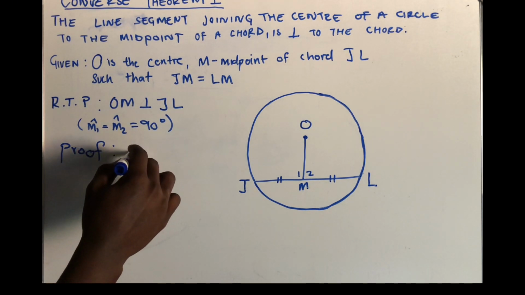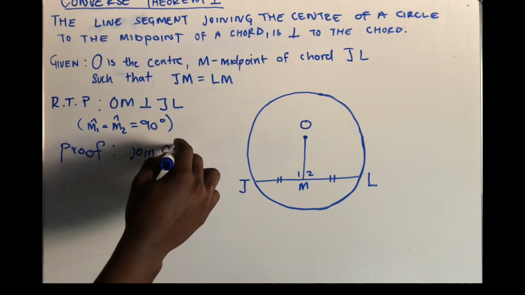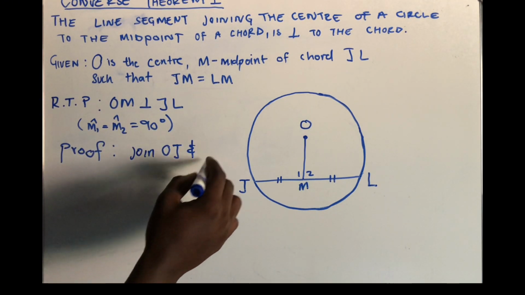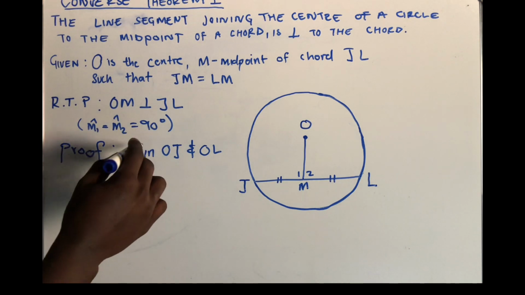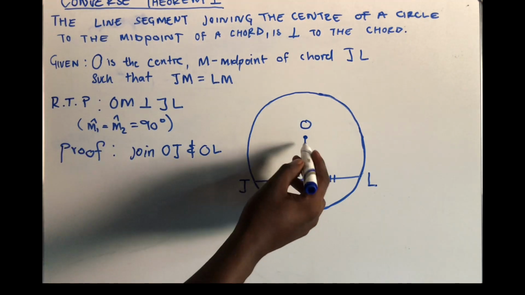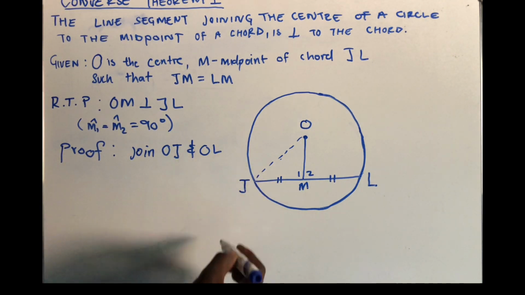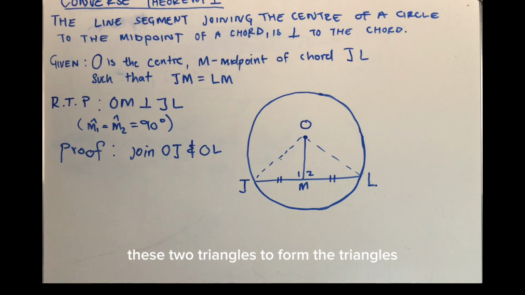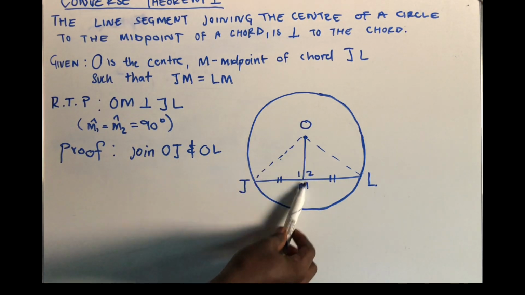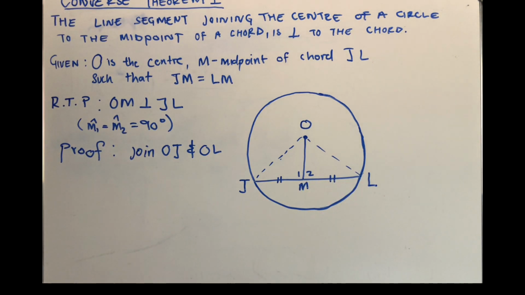So we can join OJ and OL. That will be our construction. We are joining OJ and OL to form these two triangles, triangle OMJ and triangle OML.